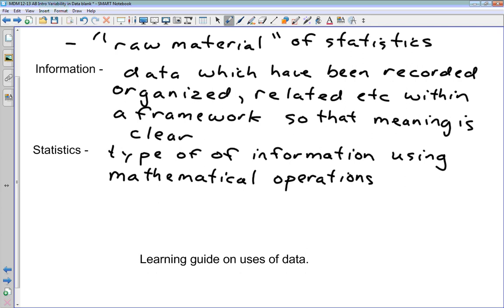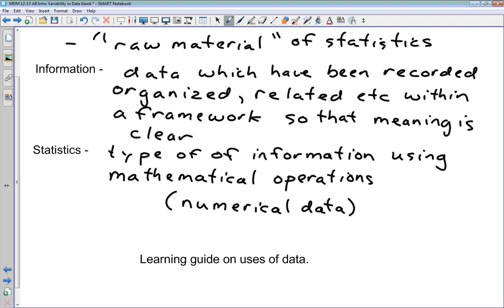And of course, if we're going to use mathematical operations on our data, it is probably going to have to be numerical. It's possible that our data isn't.